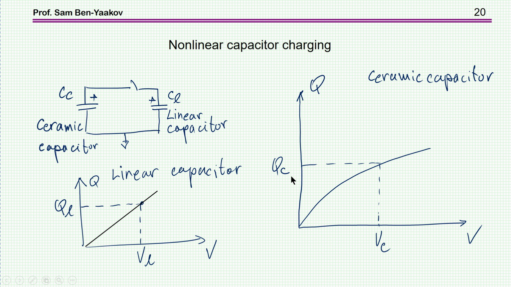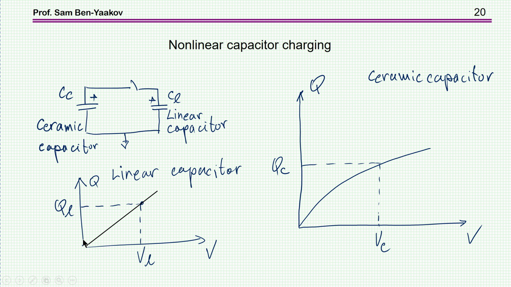Now, the easiest way, in my opinion, to solve this is graphically, starting with this nonlinear capacitor with the Q as a function of V curve. I can plot this curve on top of it, upside down, such that the origin here will be at a distance which corresponds to the total charge of the system.